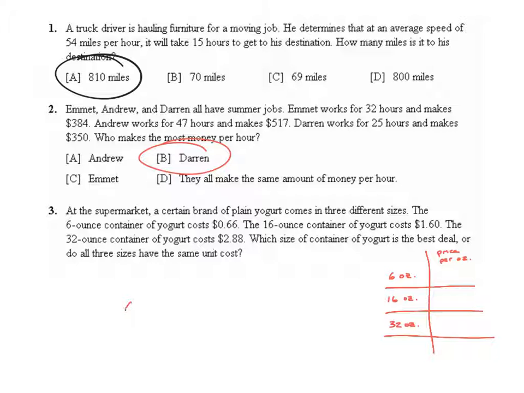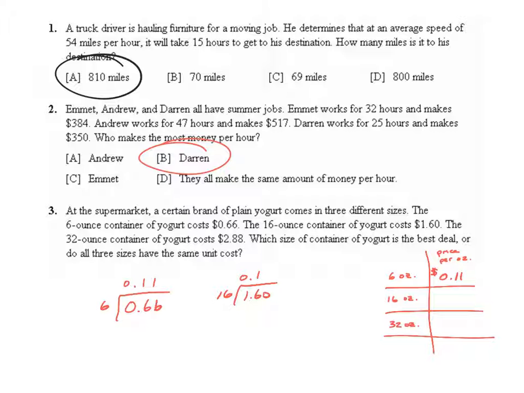So for the first container, that was 66 cents. That's how much it cost to buy that container. But it has 6 ounces, so I need to split this into groups of 6. You probably could do that one totally in your head. It's going to cost 11 cents per ounce.